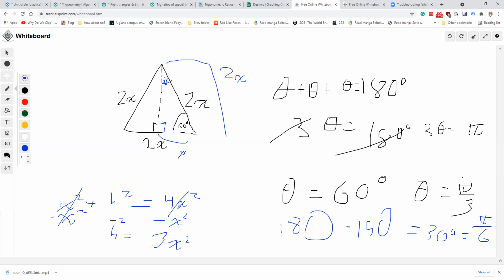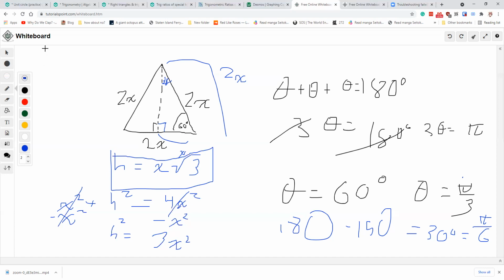Now, there's one final step, and that is to take the square root of both sides. What we get is that h is equal to square root of 3 times x. Oftentimes, we write that in the other direction as x square root of 3, so people don't think that the x is actually under the square root sign. So h is equal to x root 3.